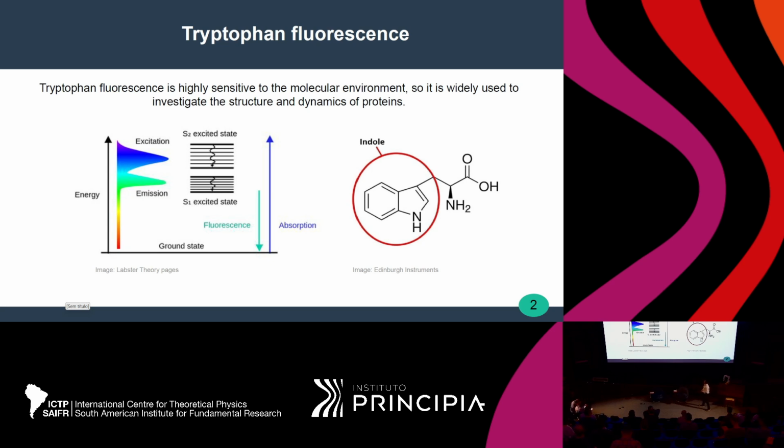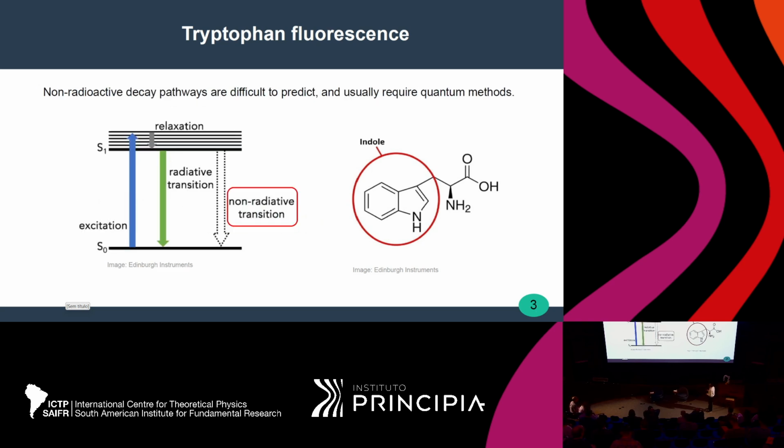So when the indole group interacts with the light, it goes to excited states, and then it can decay vibrationally, and then decays again to the ground state and emits light in this process.